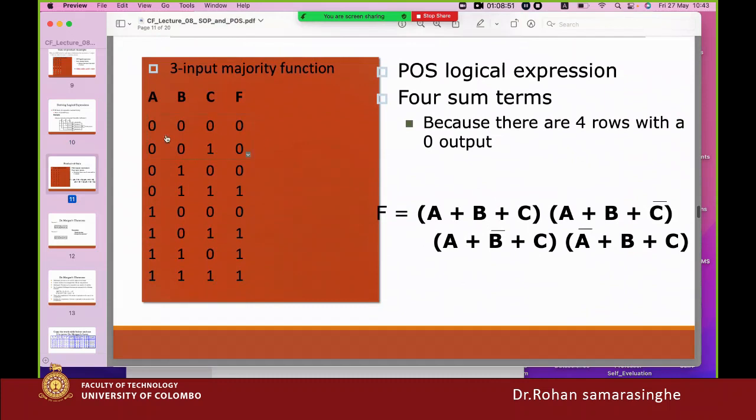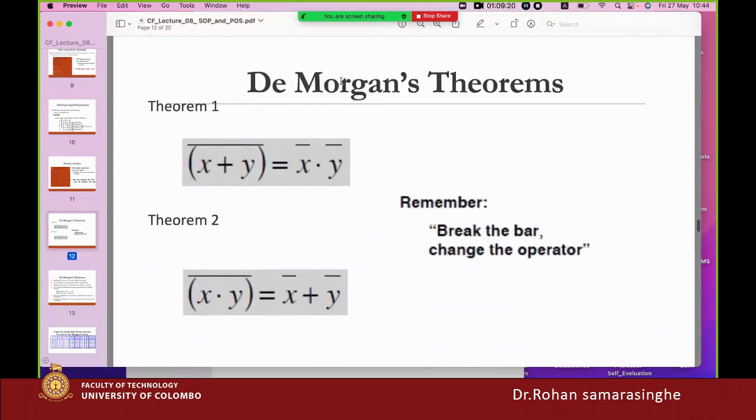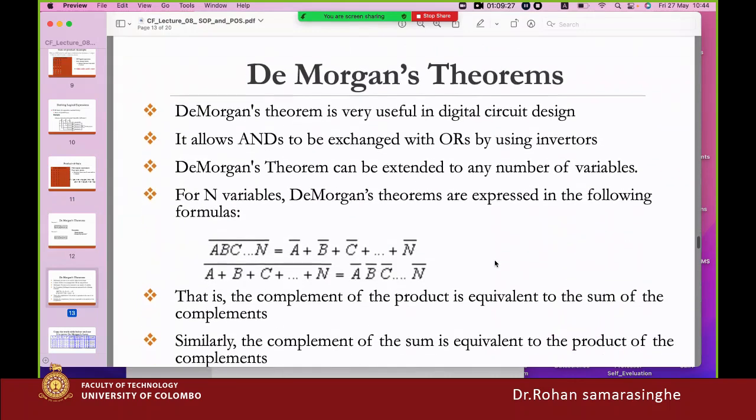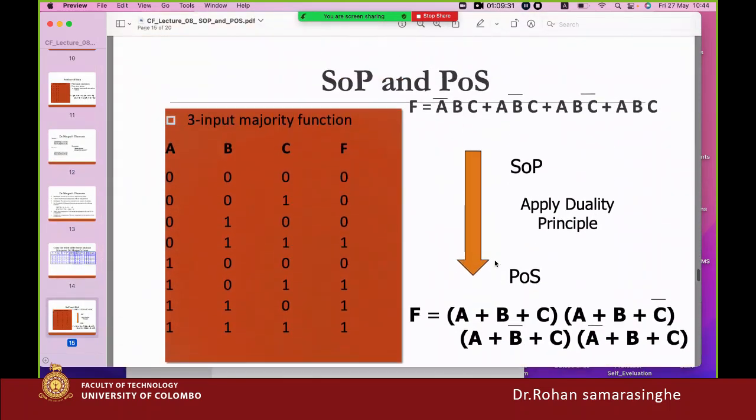So F is, instead of these values, you write the inverted values: A plus B plus C, and A B C bar, and A B bar C, and finally A bar B C. When you apply the De Morgan theorem 2 times, that is break the bar, change the operator, 2 times, starting from the sum of product A bar BC, you can get the product of sum.